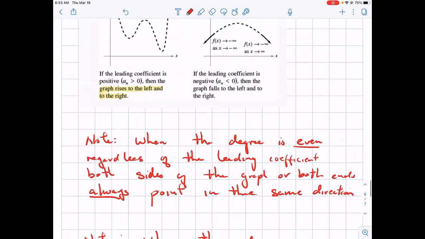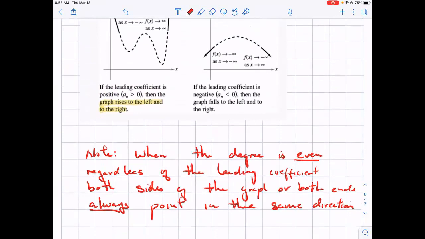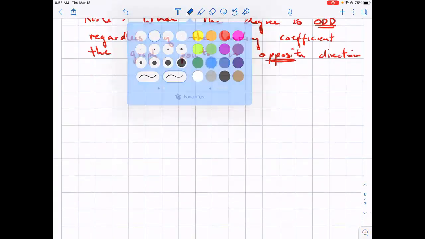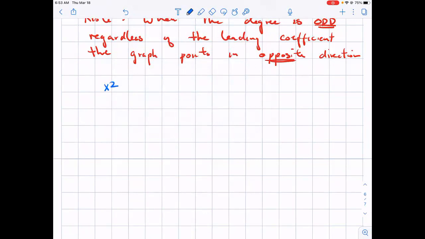If you compare the two pictures, if you have x squared, both ends point in the same direction.